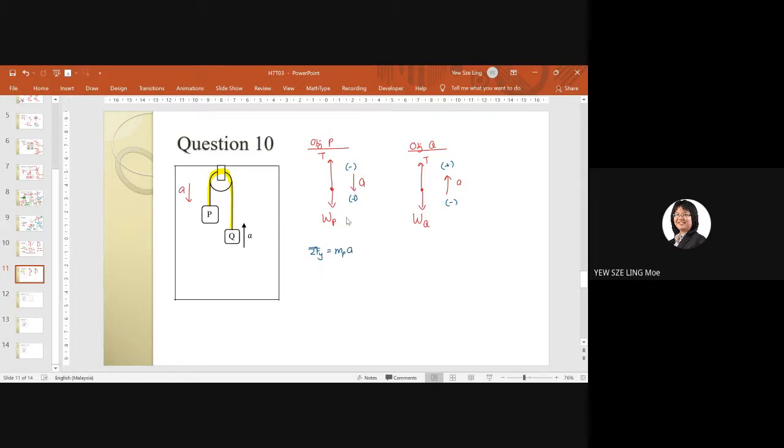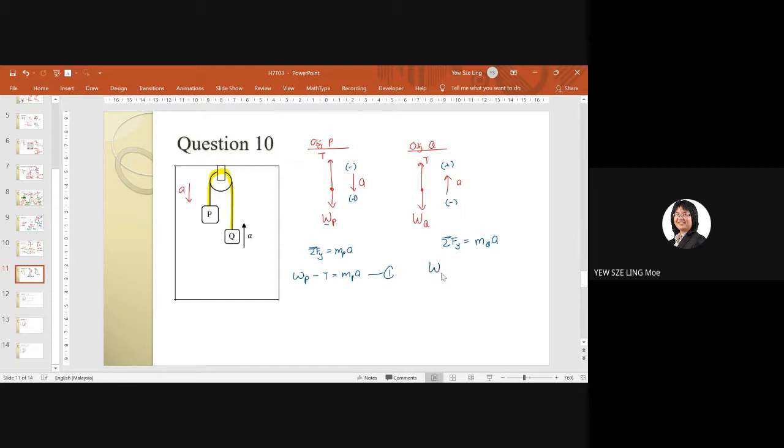Since my A is going down, I'm going to take W as a positive vector, therefore I have WP minus T equals MPA. This is the first equation, coming from object P. Then for object Q, summations Fy equals MQA. So what do I have?